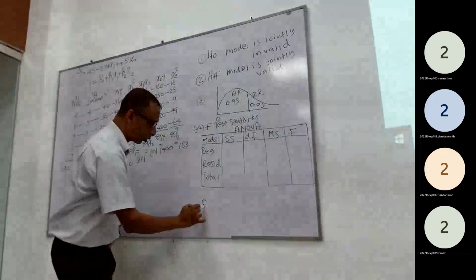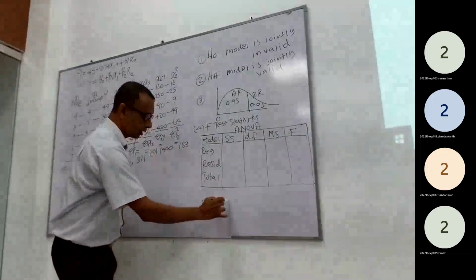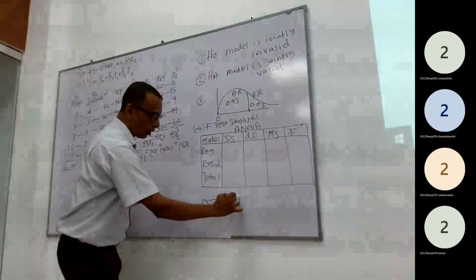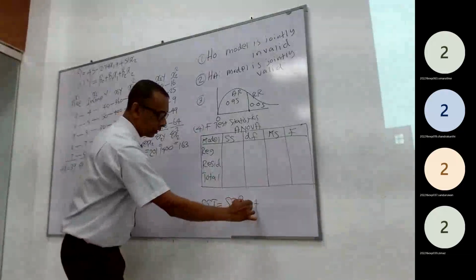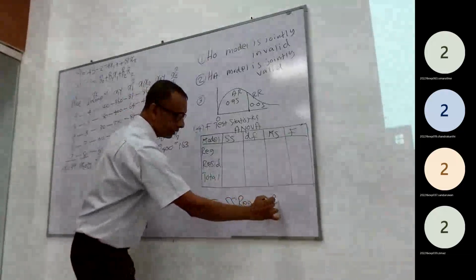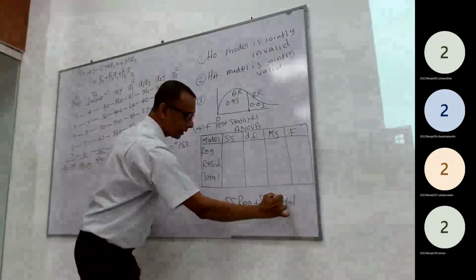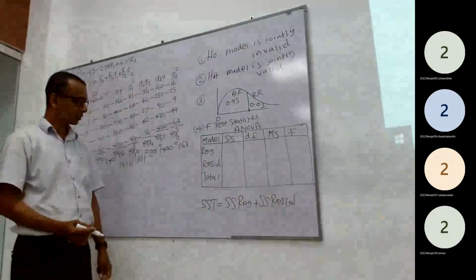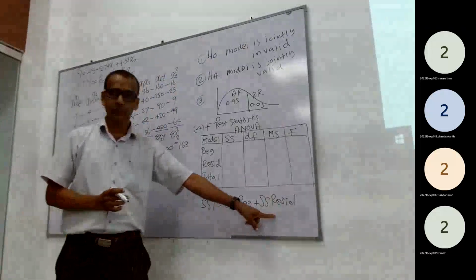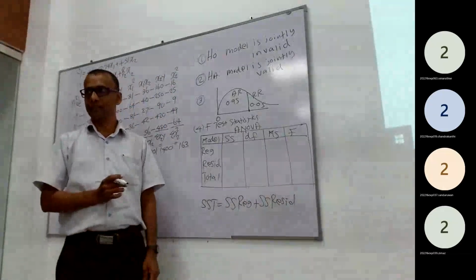Sum of square of total equals sum of square of regression plus sum of square of residual. That's it.